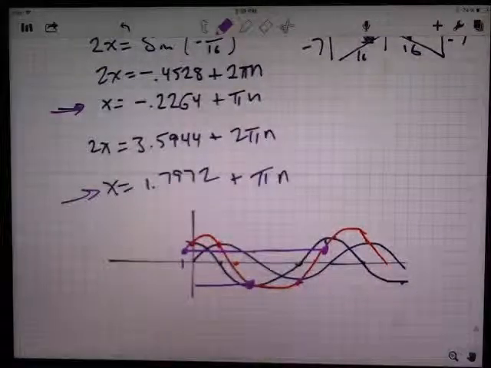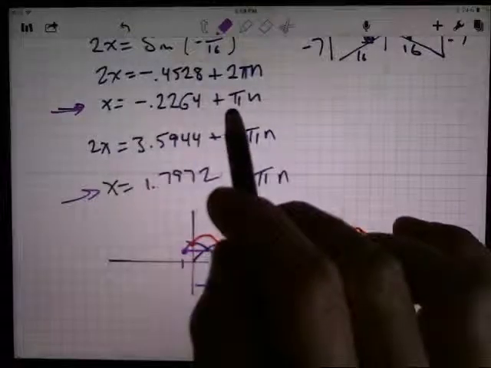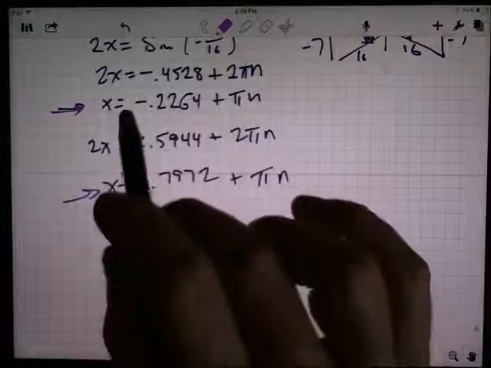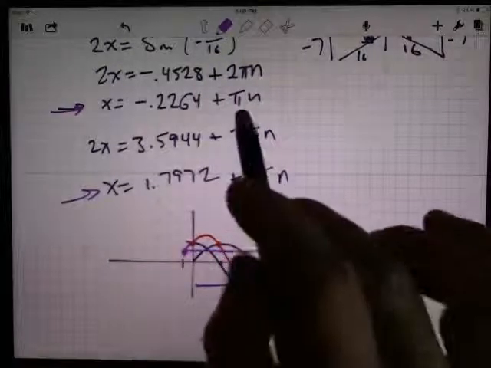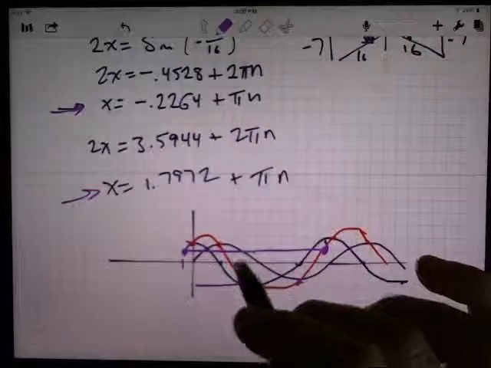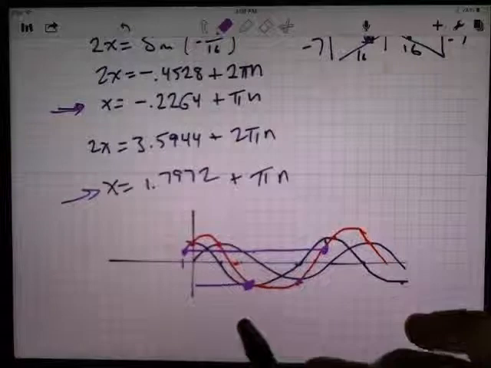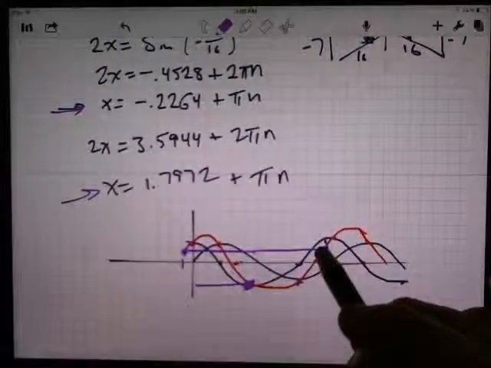So that's no good. So I've got to be careful. I'm looking at this one thinking, the first one worked with n equals 0. When I add on 1 times pi, that gets me to this spot here, where this is down at negative 3/4, and I don't want that one. But adding on 2 pi was okay.